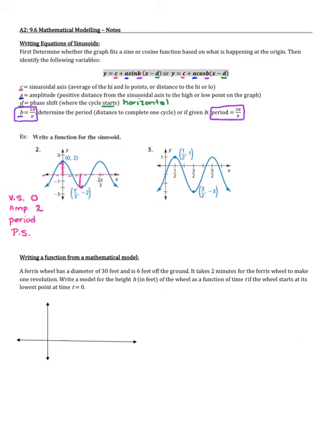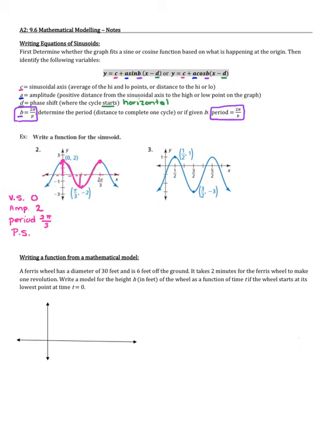To figure out my period, you choose a point, any point, find another point at the same height, and see what that distance is. When we look at that graph, that is a distance of 2 pi over 3. That's the distance it took to complete one cycle, and then I would start to repeat.